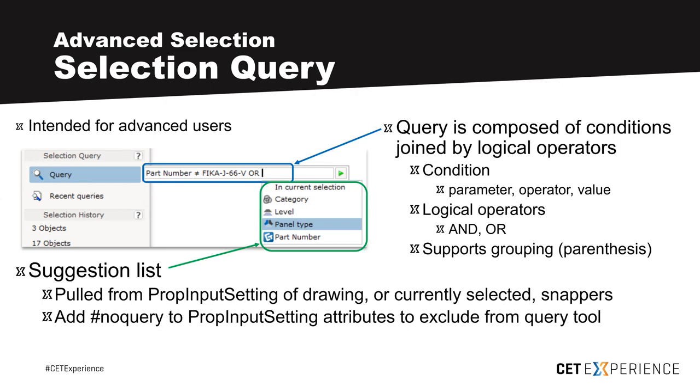We have a way to import those automatically into our system. If, however, you have prop defs that maybe should be in a quick property but shouldn't be in the query tool, then we have a no query attribute you can add to the prop input setting to make sure that it does not show up in the query.